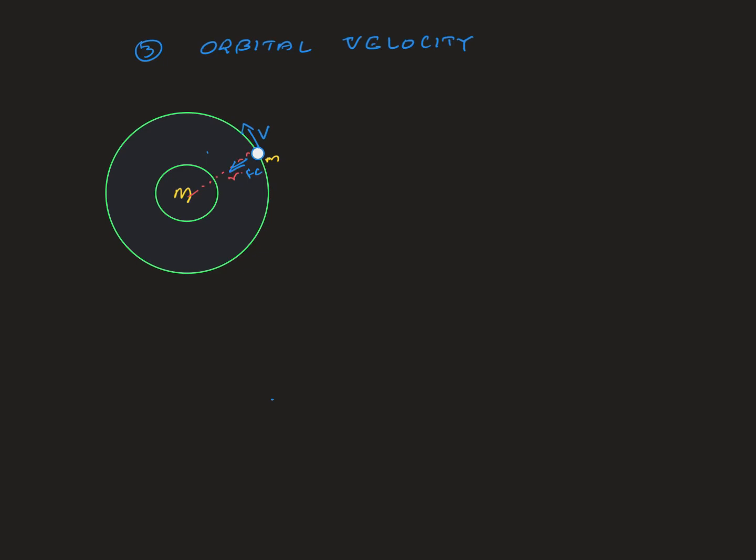Because it's in circular motion, we can write the centripetal force as m times v squared over r. V squared over r is the centripetal acceleration. This is from circular motion. And the gravitational force, Fg, is equal to GMm over r squared.